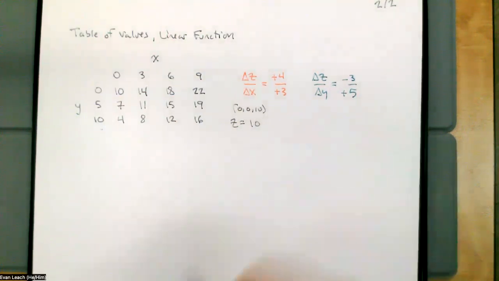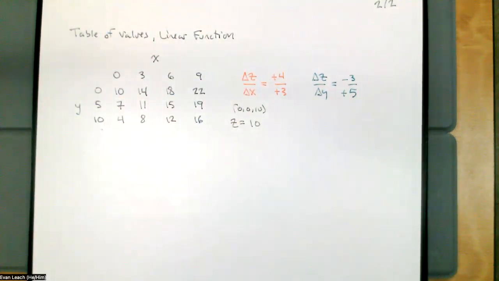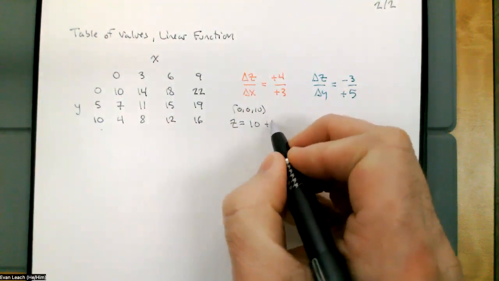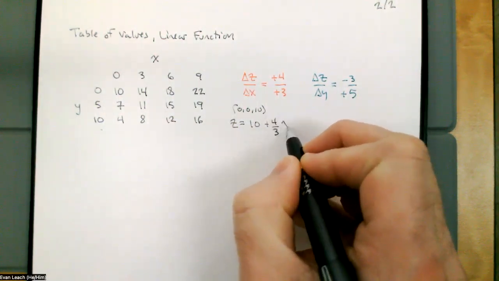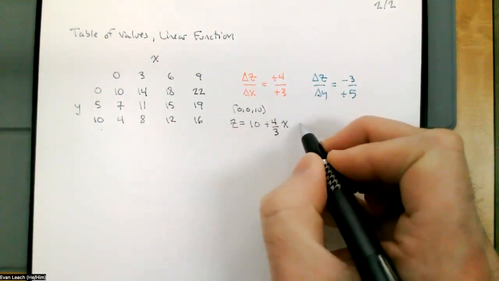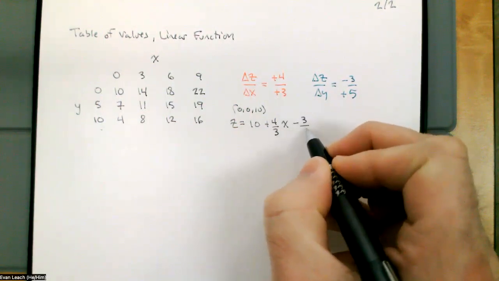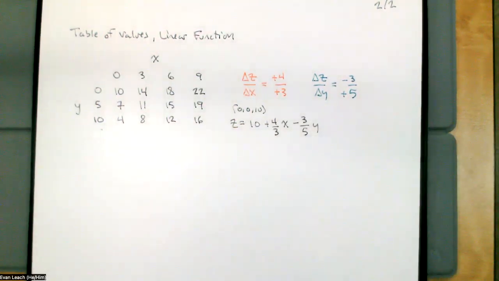Z is equal to 10 when x is 0, and z increases by 4/3 whenever x increases by 1, and z decreases by 3/5 whenever y increases by 1. This would be like our slope intercept format.